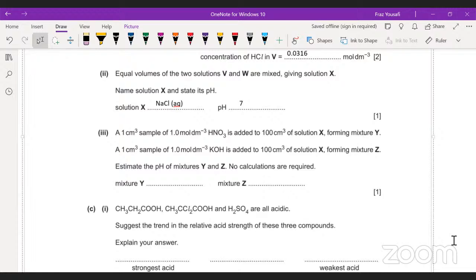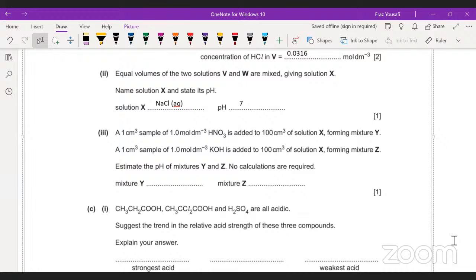You've basically added 1 centimeter cubed of increasing the concentration to 1 mole per dm cubed, right? You started off with 0.0316 as the original concentration of the hydrochloric acid. You've added a 1 centimeter cube sample of a concentration of 1 mole per dm cubed. So basically, you've added exactly a precise amount into that volume.